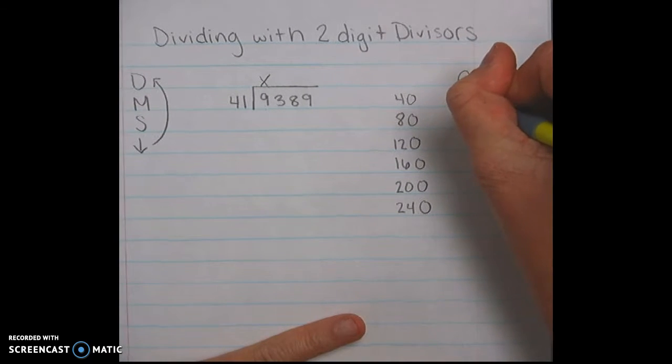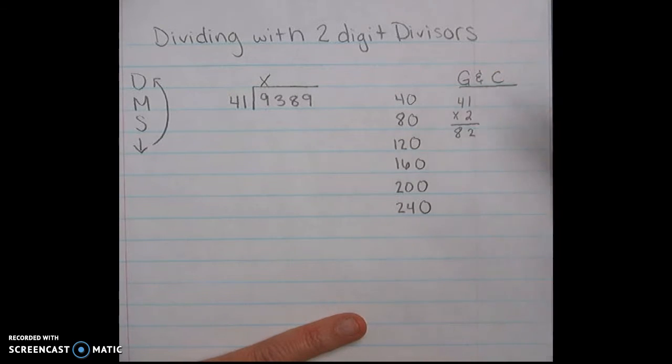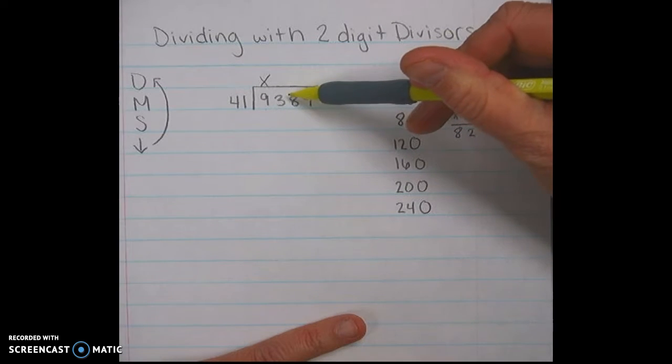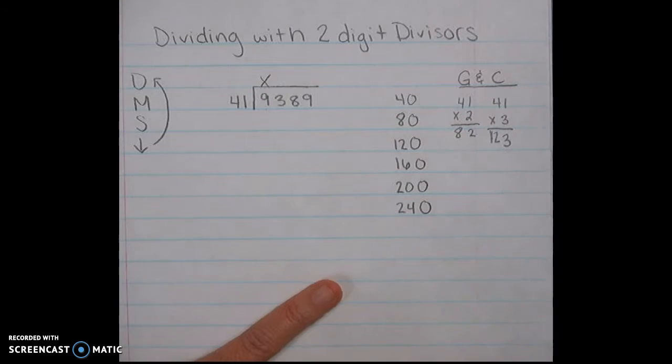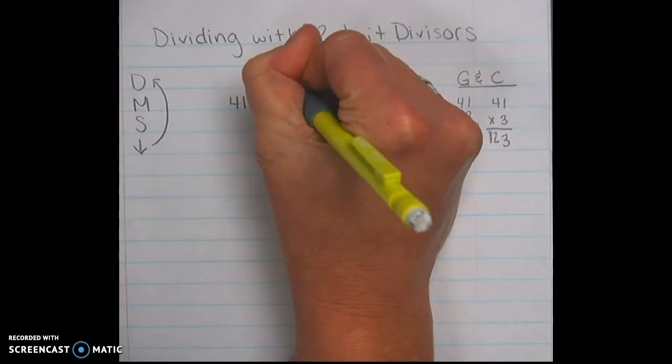So we're going to guess that it goes in 2 times, and we're actually going to do the math right here. So 1 times 2 is 2. 2 times 4 is 8, and 41 times 2 is 82. If I were to go one more time, it would possibly go over, but let's just guess and check one more time just to make sure. 1 times 3 is 3. 3 times 4 is 12, and that's very clear that that would be considered over, so it would only go in 2 times.